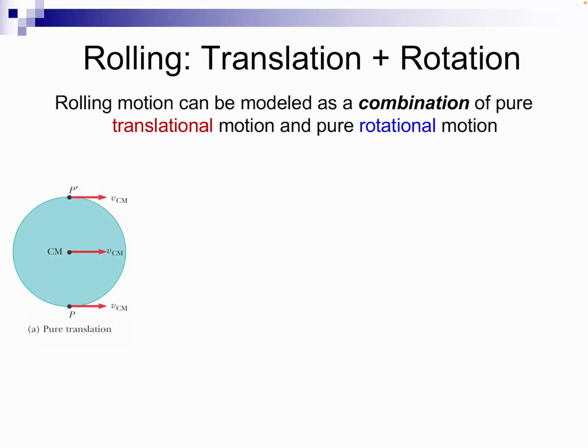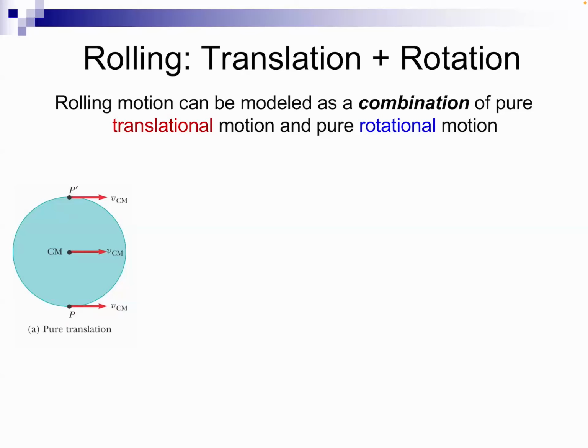In translational motion, it's as if your object is just moving like this. It's not rolling while it's moving. Your object just goes from one place to another without rotating, so each point along your object will have the same linear velocity, which is equal to the velocity of the center of mass.